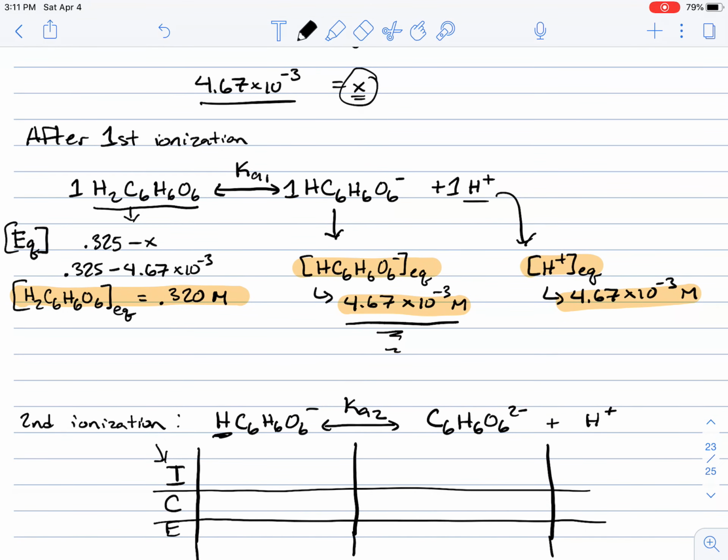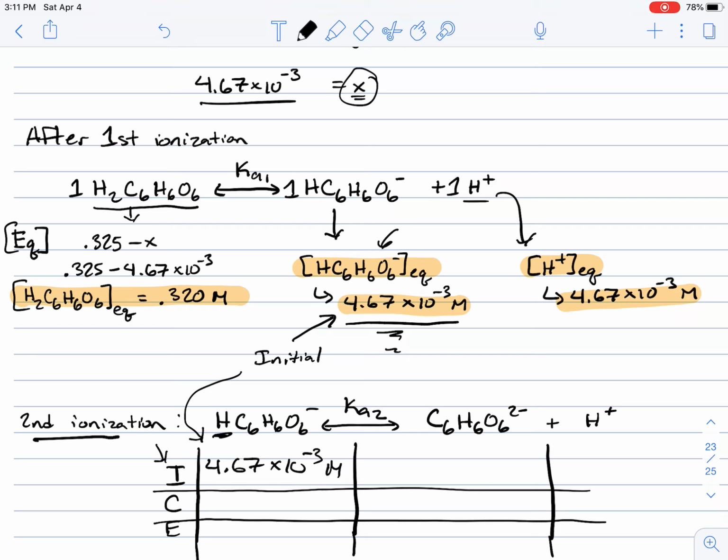And so when you start your second ionization, this value that you solved for is going to be the initial concentration for our second ionization. So we're going to write 4.67 times 10 to the negative 3 molar.